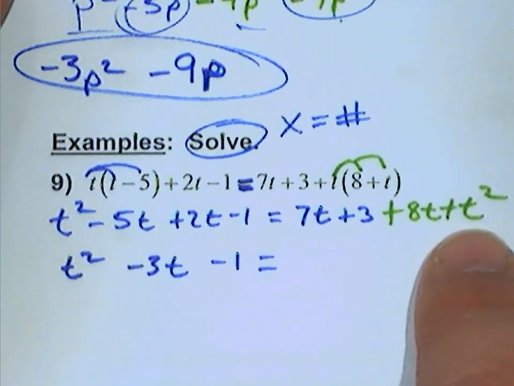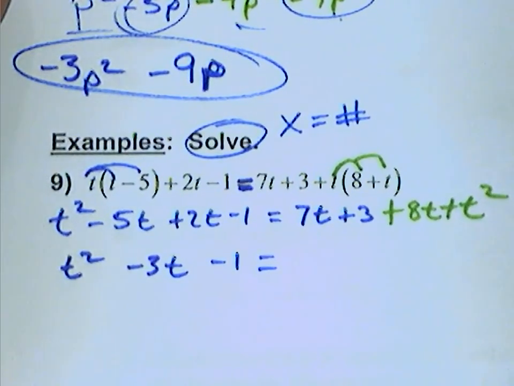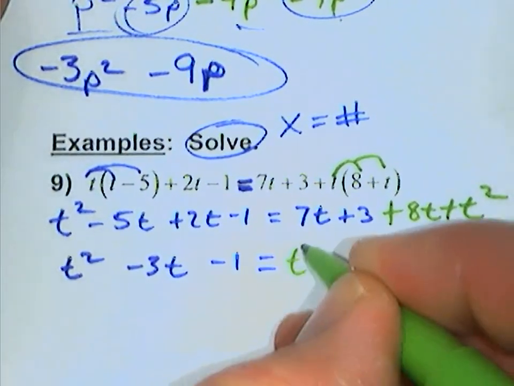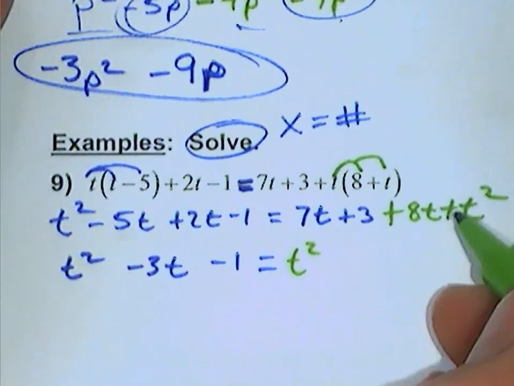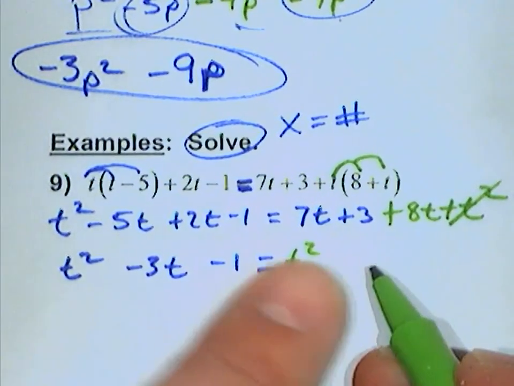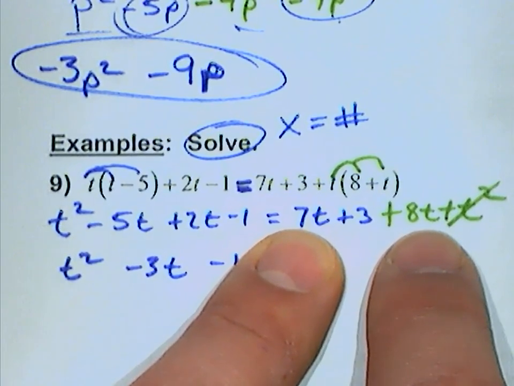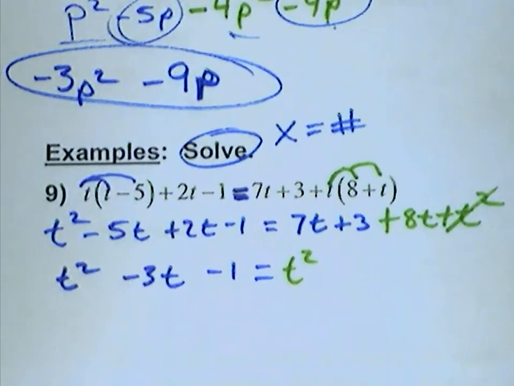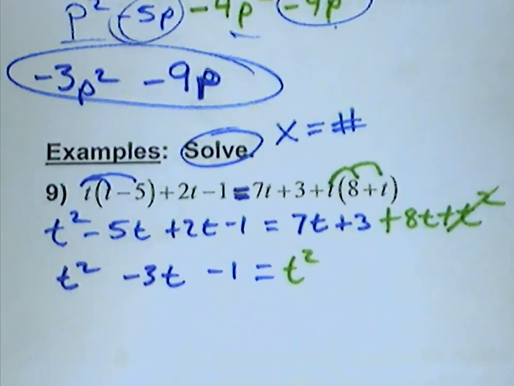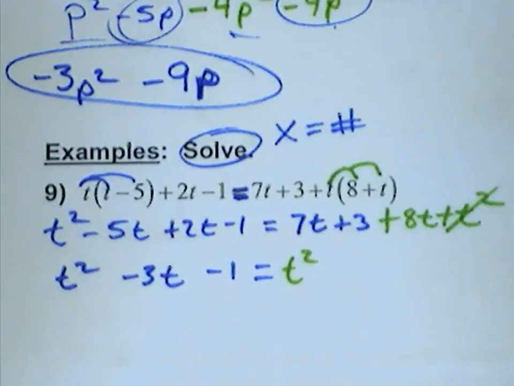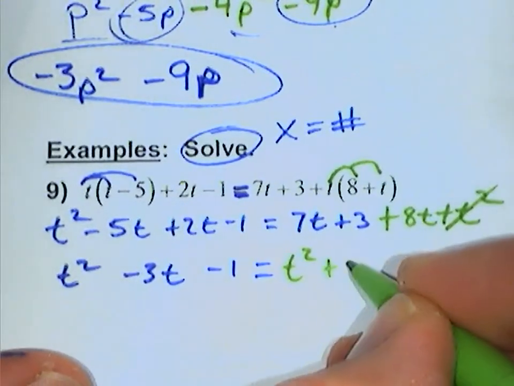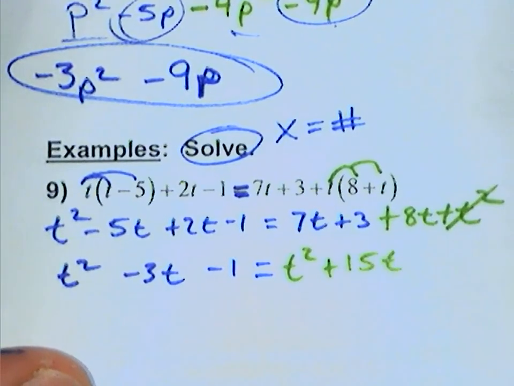On this side, I have a t squared, so I'll write that in green here. So I got that one taken care of. Then I have a 7t and an 8t. Well, what's 7 plus 8? Just combine your like terms, put them together. What's 7t plus 8t? 15t. And then I have a plus 3.